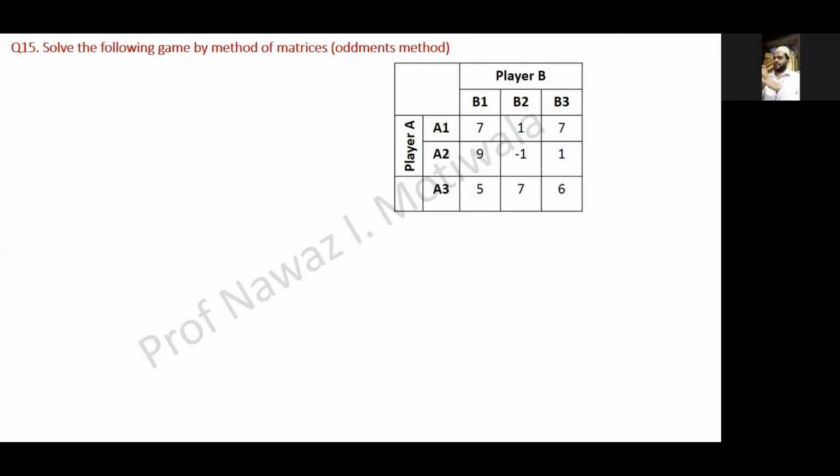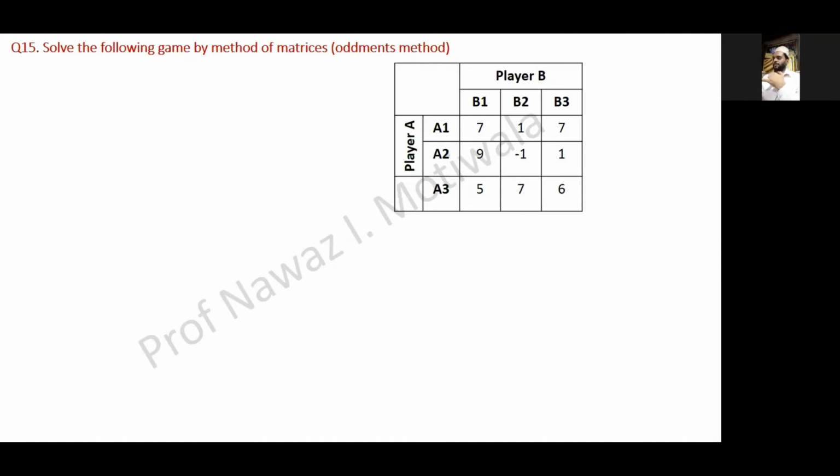If a saddle point exists, then we can directly write the answer. If a saddle point does not exist, then we have to write the statement: maximin is not equal to minimax, saddle point does not exist, hence going for mixed strategy.